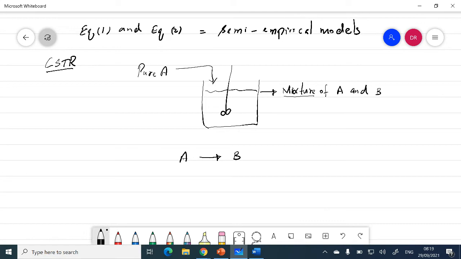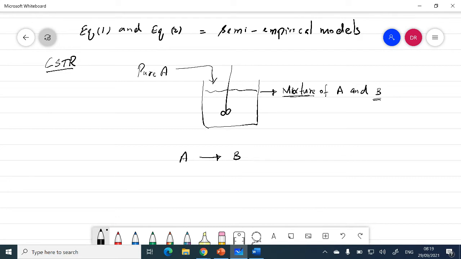Because not all of the A, our reactant, will be converted into B. So in this mixture there will be some unreacted A along with B, which is our main product.